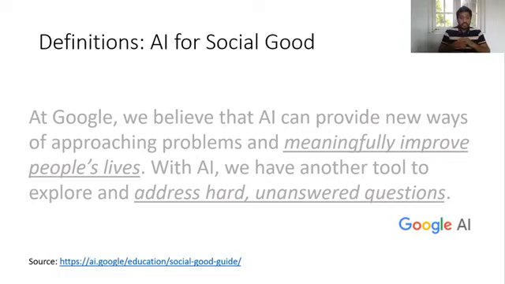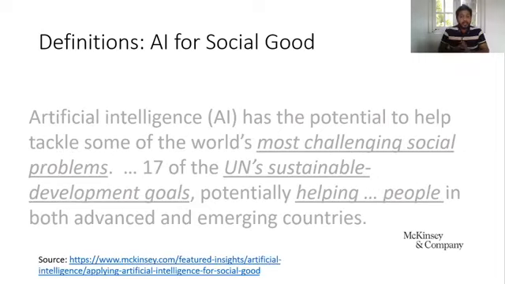The Google AI definition mainly focuses on a few things: it has to meaningfully improve people's lives, and it has to address hard unanswered questions. Now we look at McKinsey and Company, and they also talk about the most challenging social problems, the United Nations Sustainable Development Goals, and also about helping people.